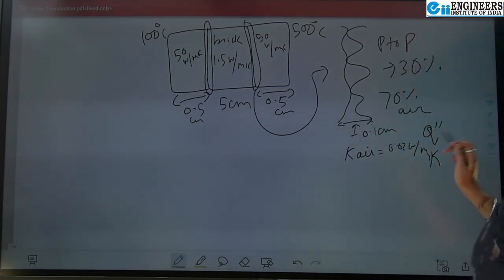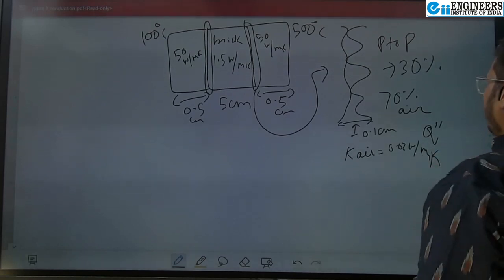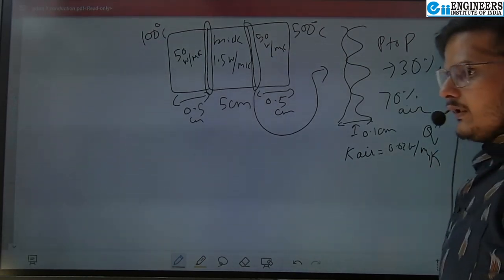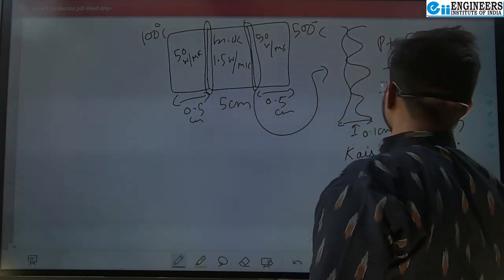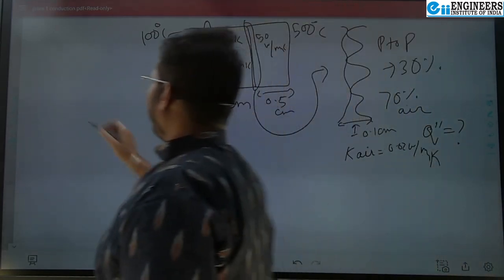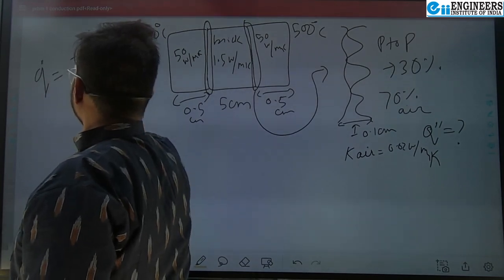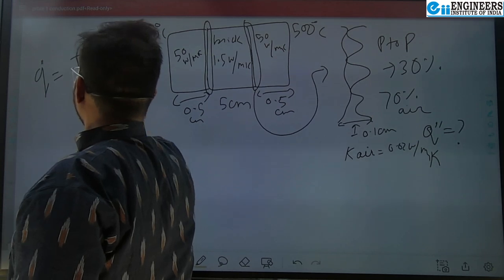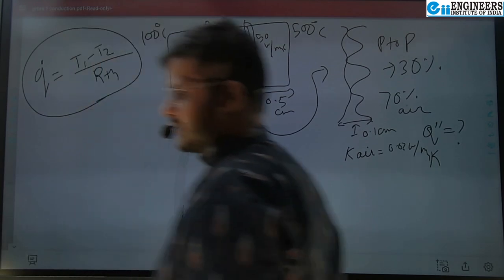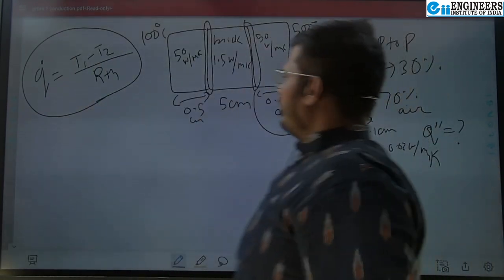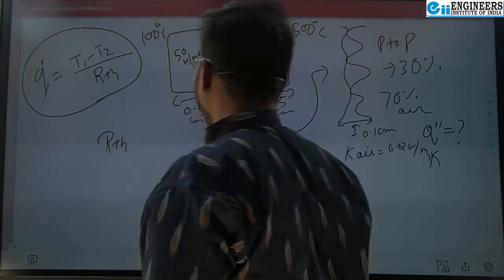The thickness over the asperities is 0.1 centimeter and the thermal conductivity of air is 0.02 watt per meter Kelvin. We have to find the heat flux. We know that heat flux can be given by T1 minus T2 by R_th. This we have discussed, isn't it? Now we have to calculate the total thermal resistance.